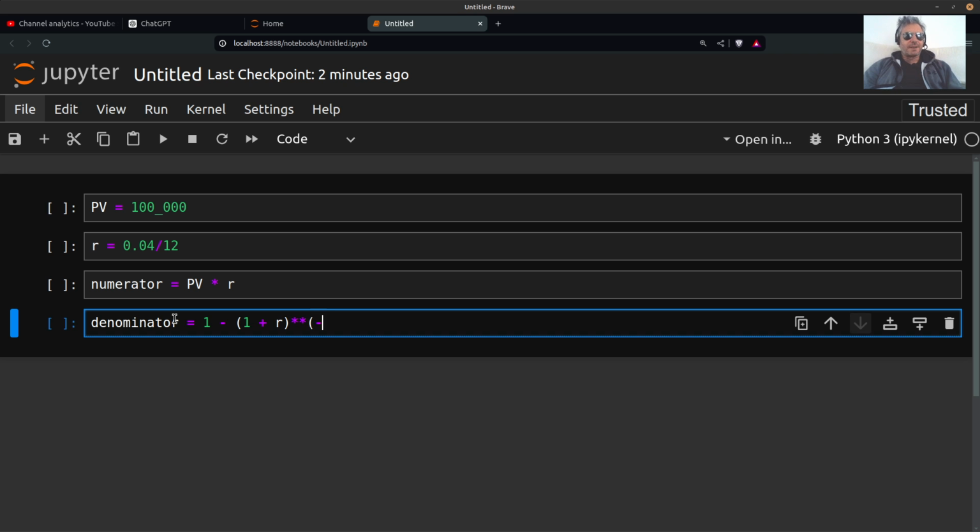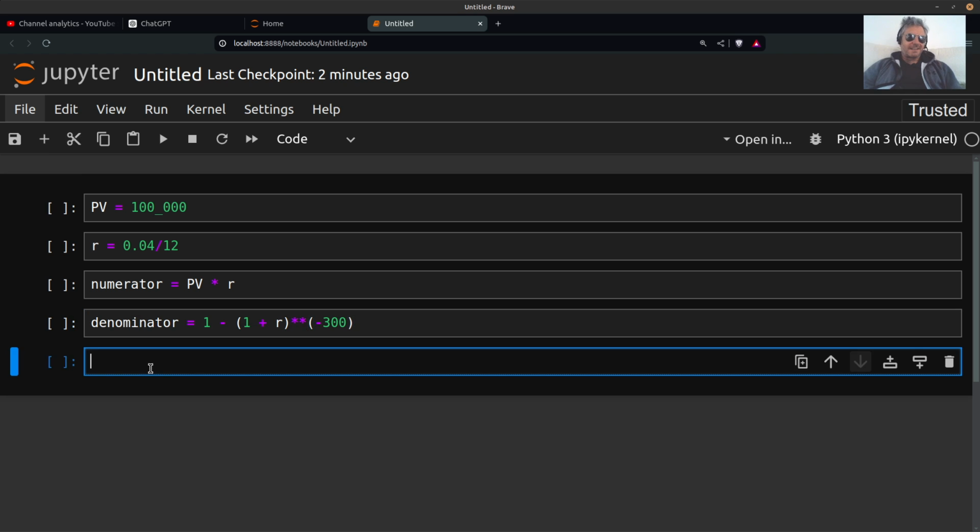So don't do what I did when I started learning this and put in the number of years. If you put in the number of years, you'll get a very different answer. So then we say P for the payments equals numerator over denominator.